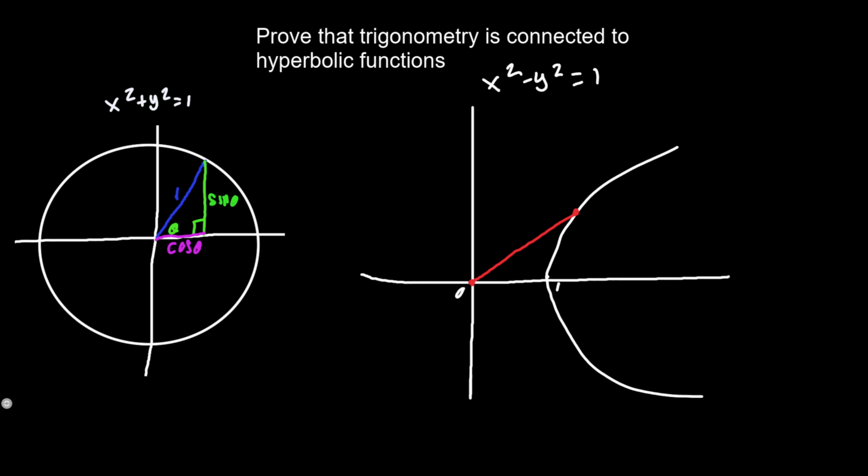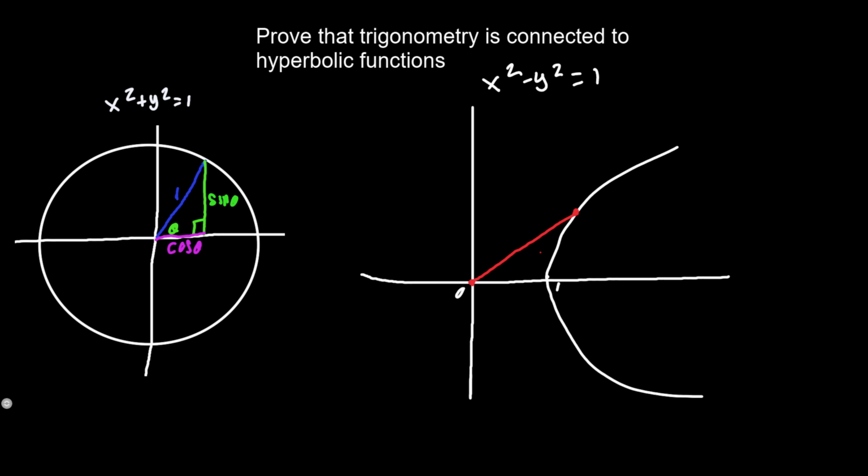So, we're going to be thinking in terms of hyperbolic angles, right? And it's not measured in degrees or anything, right? It's not like radians, degrees, or any other way of measuring angles. It's pretty much related to area.